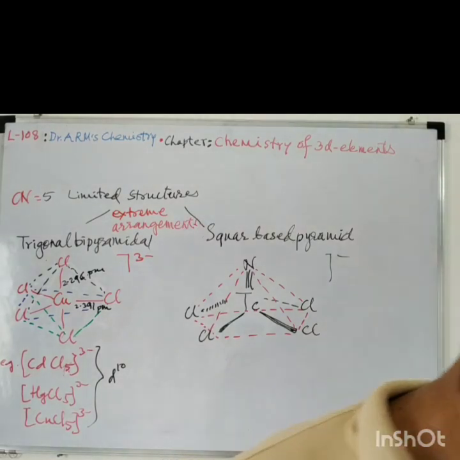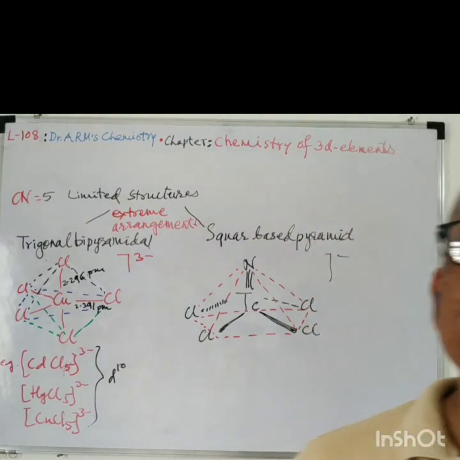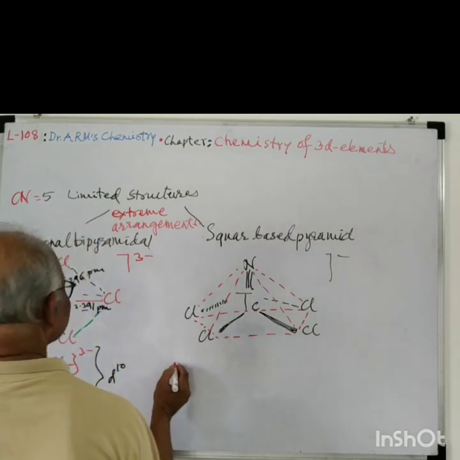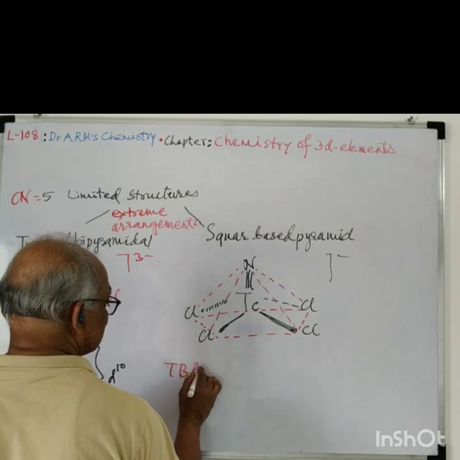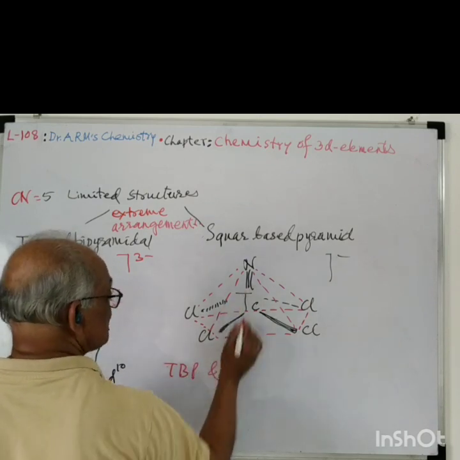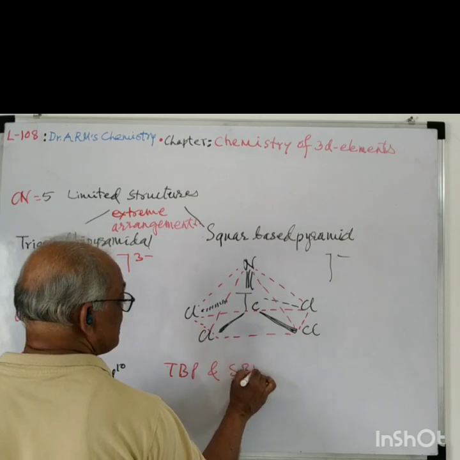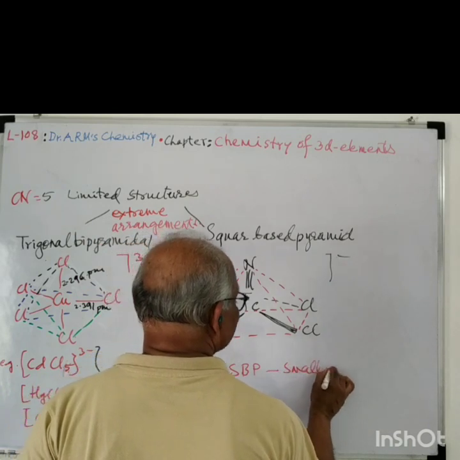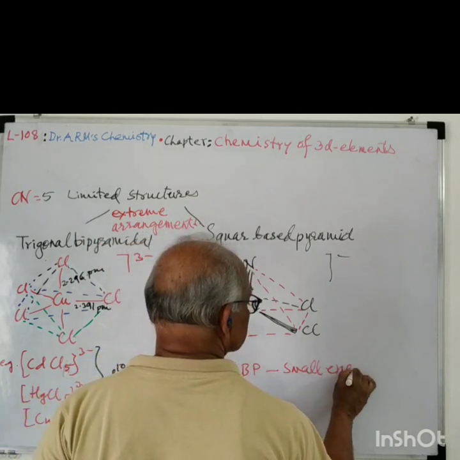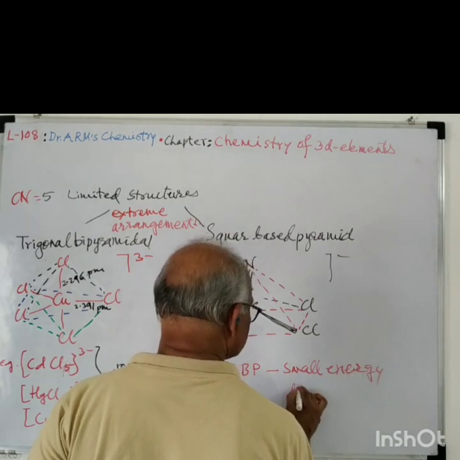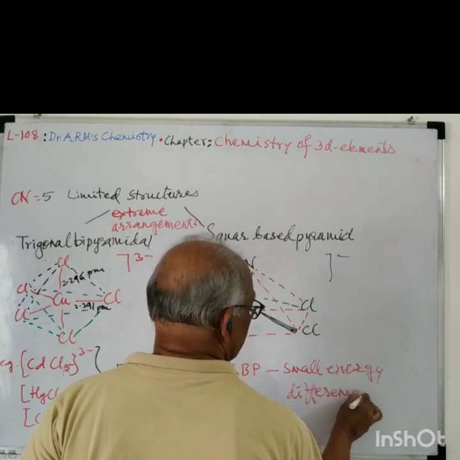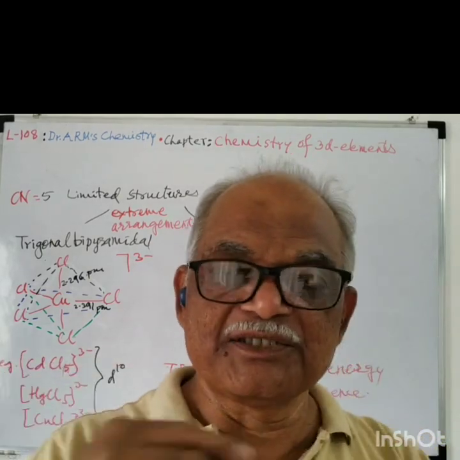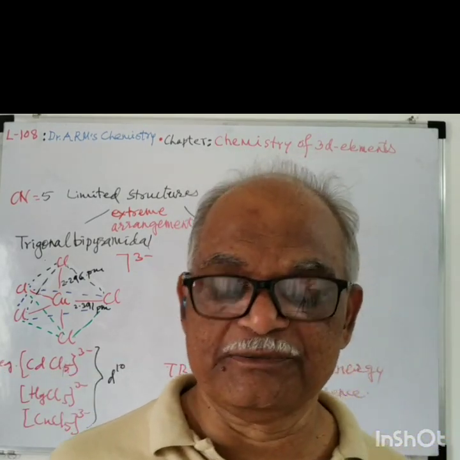This is because there is a small energy difference between the trigonal bipyramidal structure and the square based pyramid, and that is why the two structures are undergoing change depending upon the temperature available.